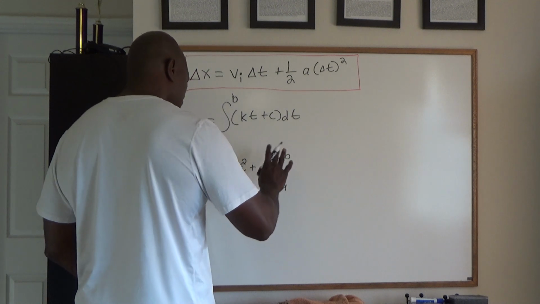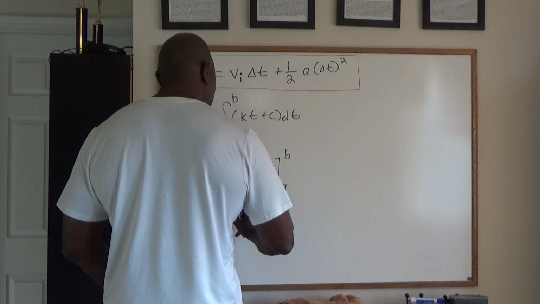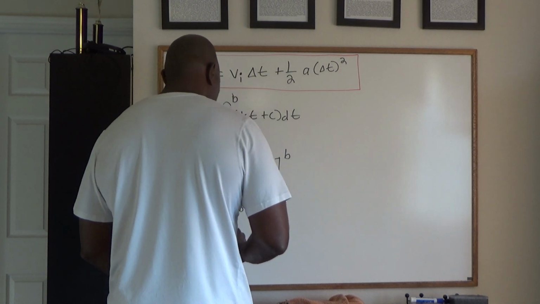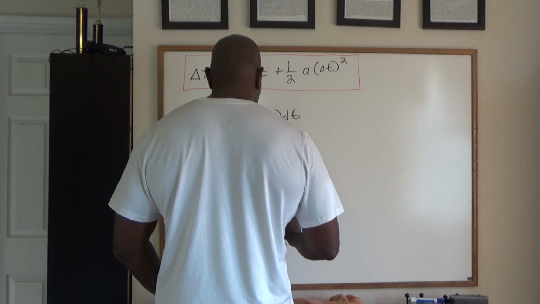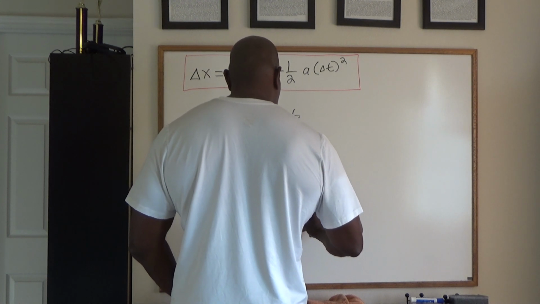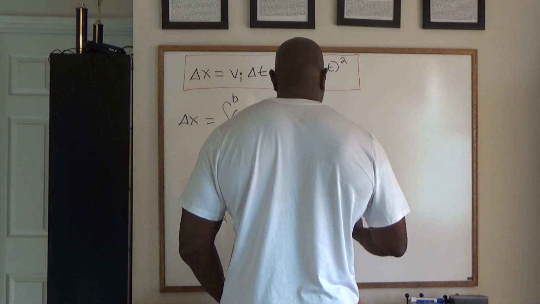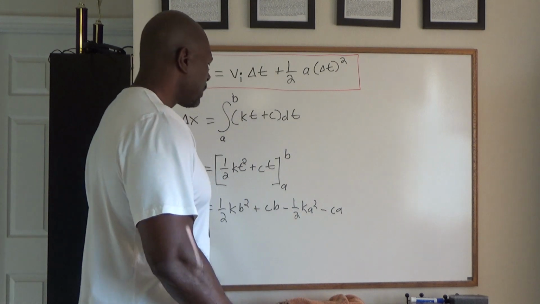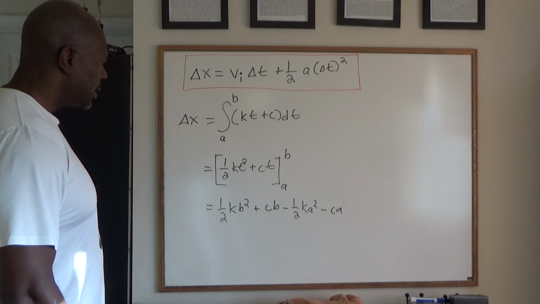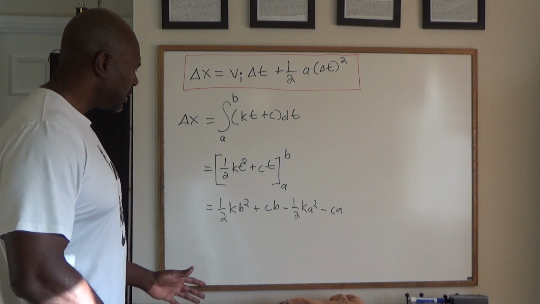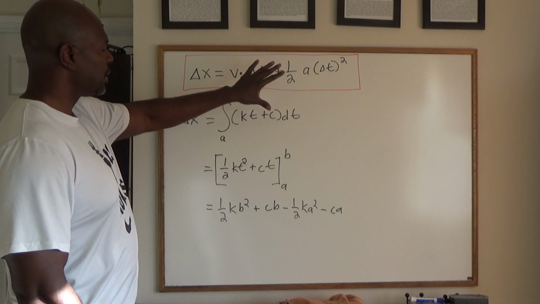And then when you plug in b and a and do the subtraction, you get 1/2 k b squared plus cb minus 1/2 k a squared minus ca. Okay, we've seen this previously, so what we're trying to do now is simply to make this expression look like this particular expression.